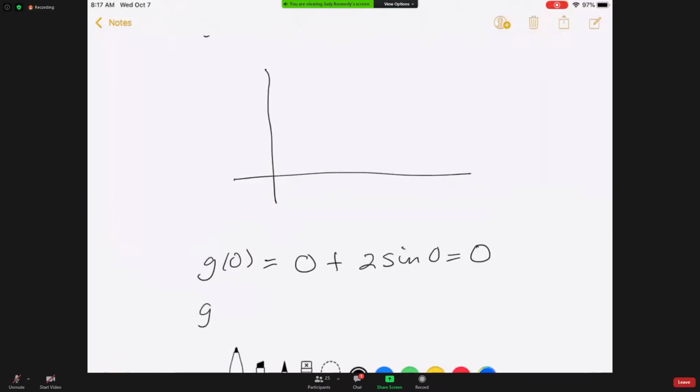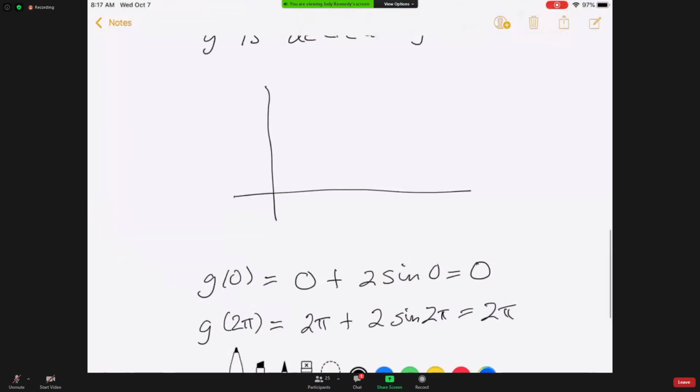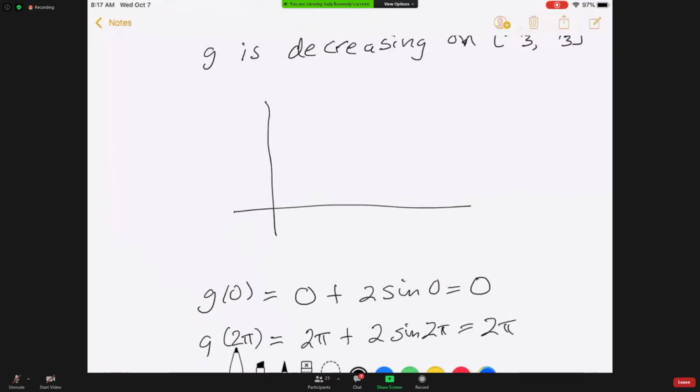And G of 2 pi would be 2 pi plus 2 times the sine of 2 pi. Sine of 2 pi is 0, so 2 pi. Okay, so I've got the function evaluated at 4 points, the 2 endpoints, and at the 2 critical numbers where we have a local max and a local min.